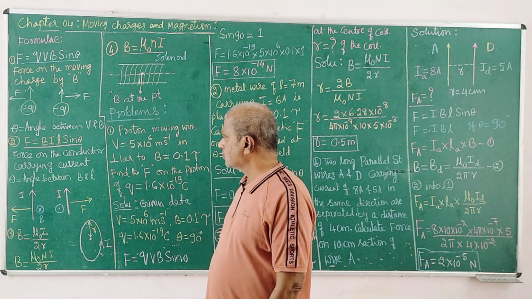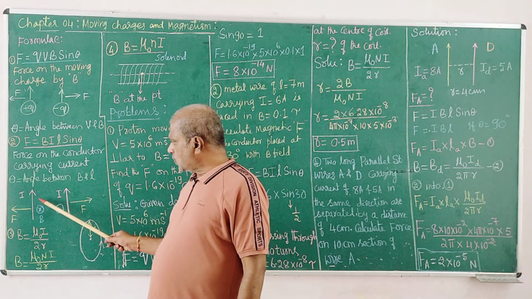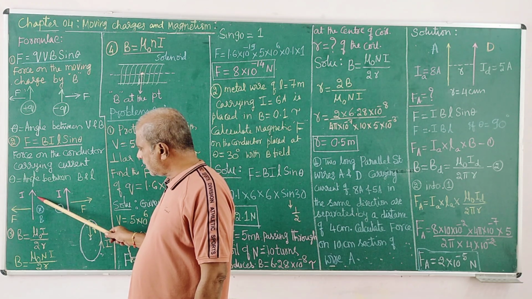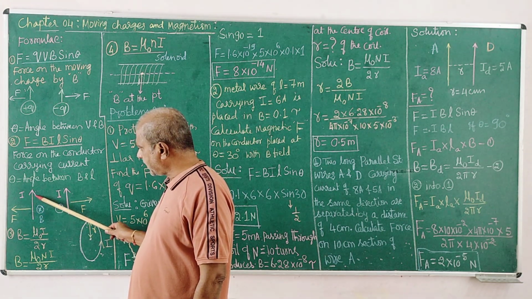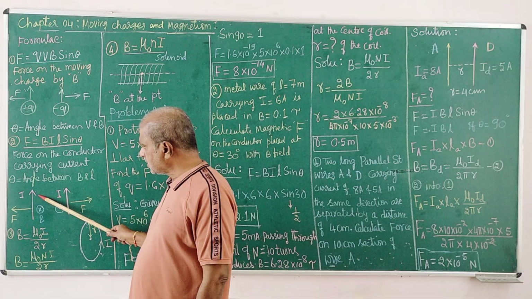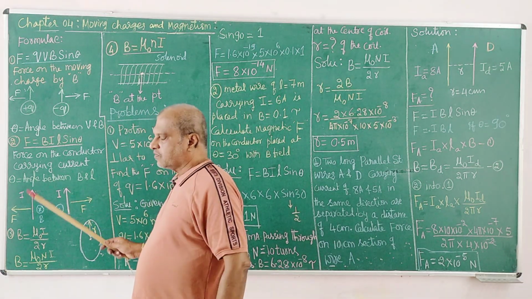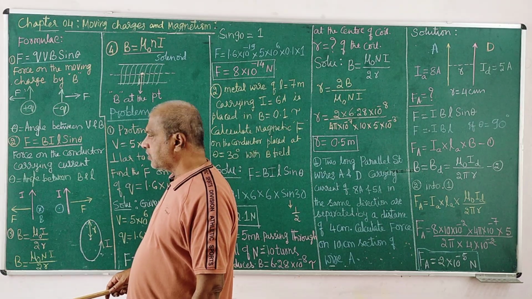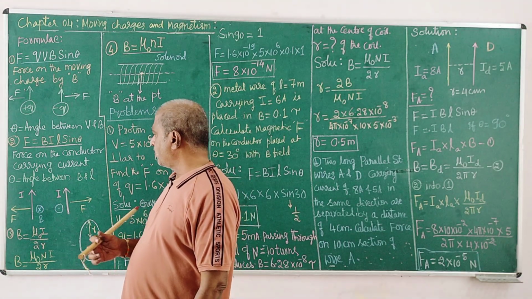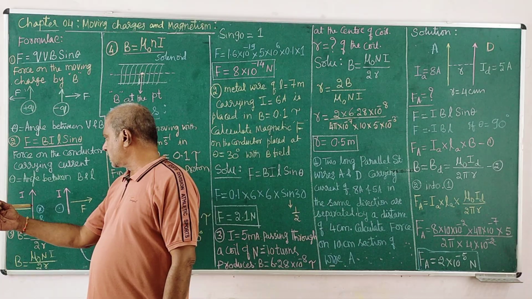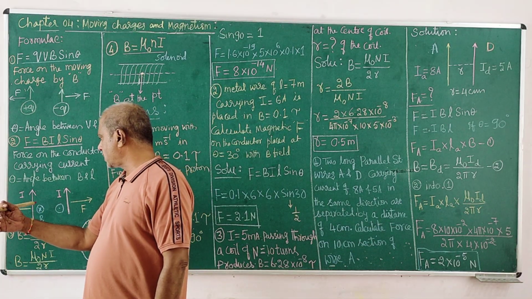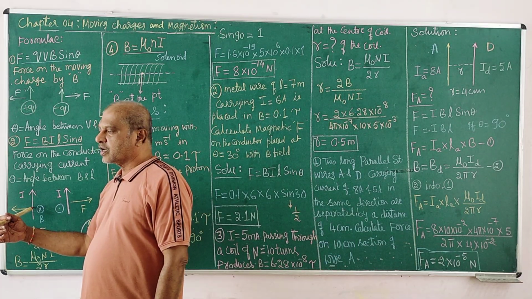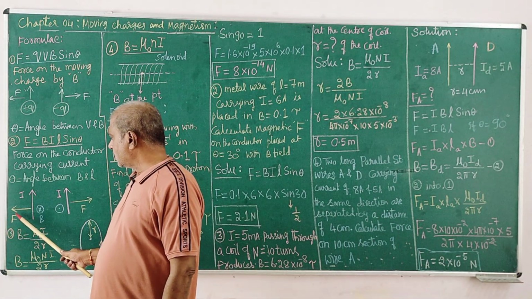The diagram shows a straight conductor in which the current is in this direction, that is, positive charges are flowing in the conductor in this direction. If you apply a magnetic field perpendicular to this plane, in the inward direction, the magnetic force arising on the conductor is in this direction.